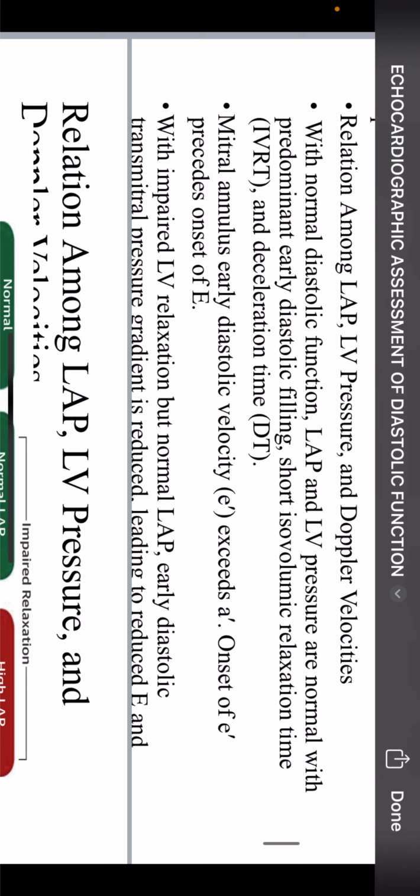We have in green normal LV diastolic function, and then normal left atrial pressure, and then in red high left atrial pressure. But these two, normal LV pressure and high left atrial pressure, are housed in one component, that is impaired relaxation.